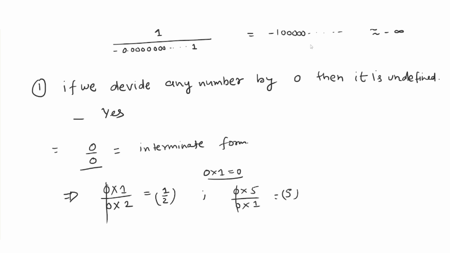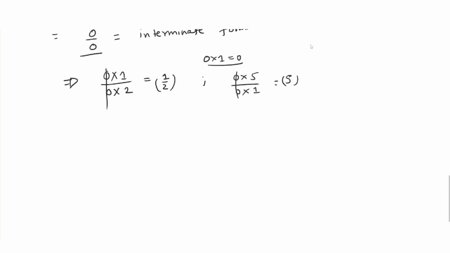Like one example I am taking, x divided by x. And here I am saying the value of x tends to 0. For that example, if you put the value of x as 0, then this is in 0 by 0 form.